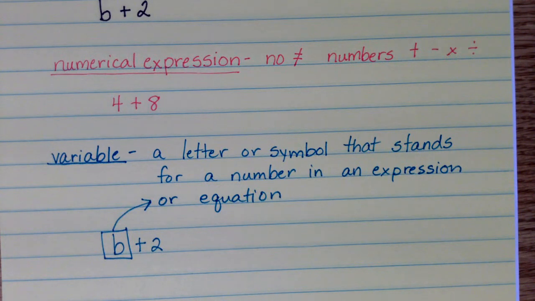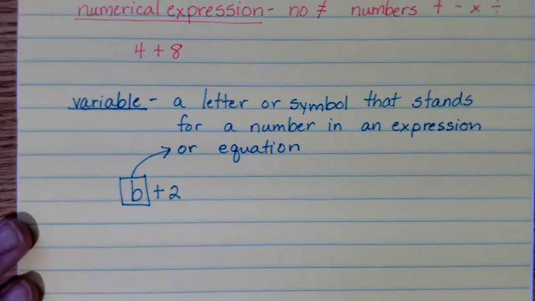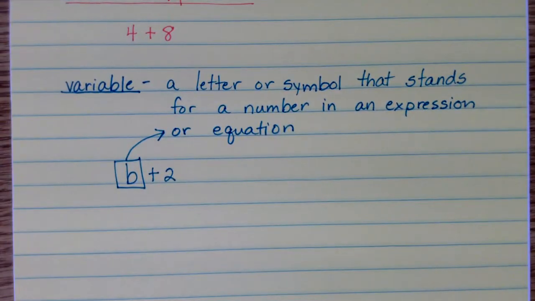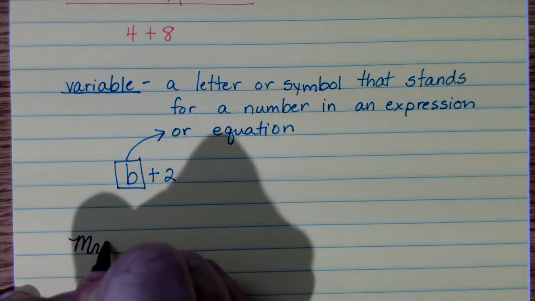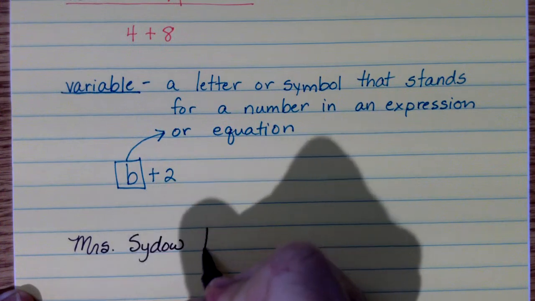When we look at how we use variables in expressions, basically, let's say Mrs. Cito has 12 goats.